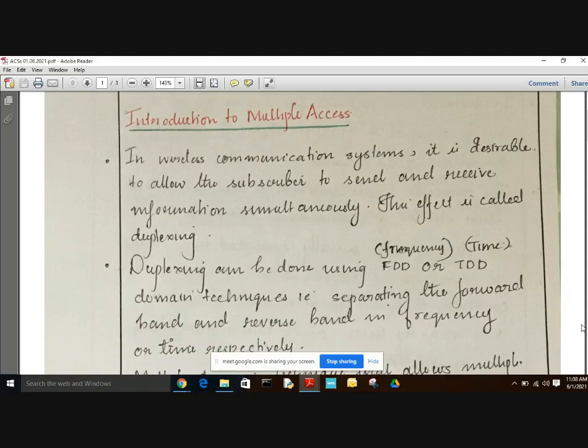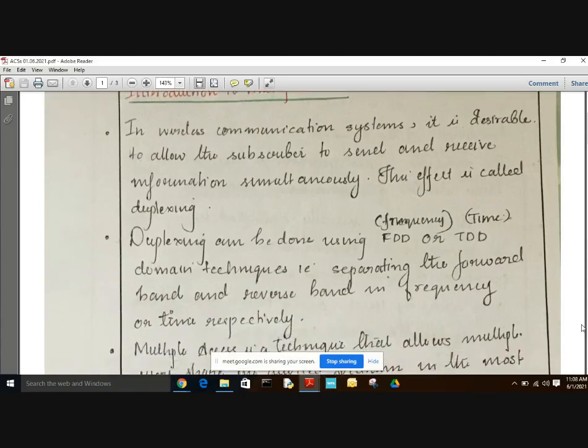So sending and receiving information simultaneously is possible by a technique called duplexing, and it can be achieved by two domain techniques, frequency division duplexing or time division duplexing.